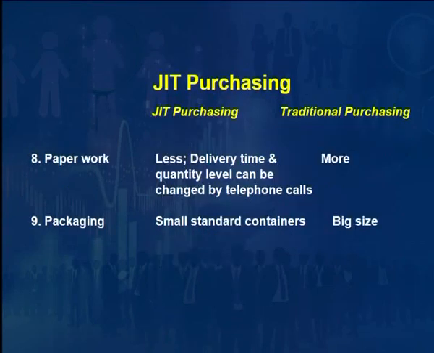Then with respect to paperwork, in JIT purchasing, the paperwork is less because delivery time and quantity level can be changed by telephone calls only, whereas in traditional purchasing, there is more paperwork. With respect to packaging, in JIT purchasing, there are small standard containers, whereas in traditional purchasing, there are big size lots. So, we have seen how this compares with the traditional systems of working.